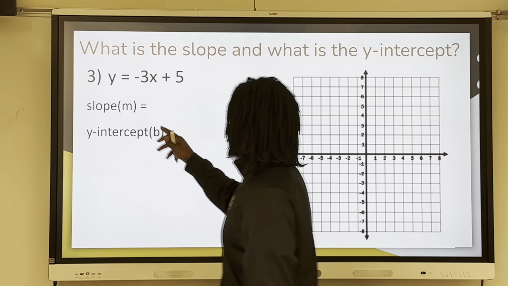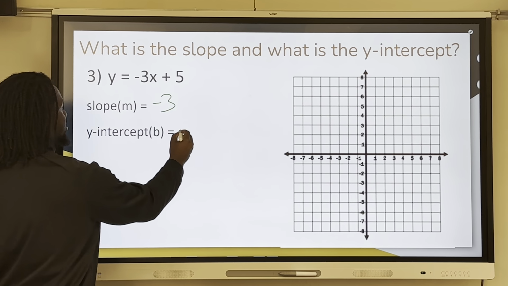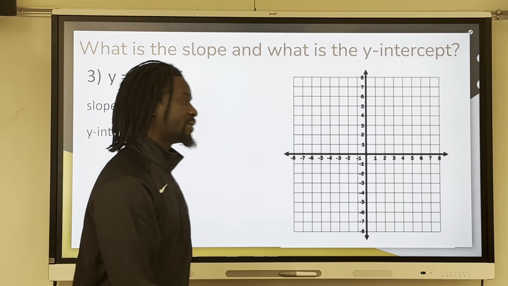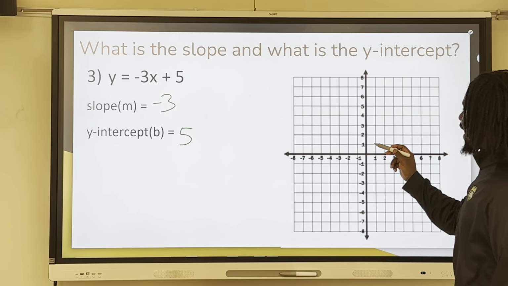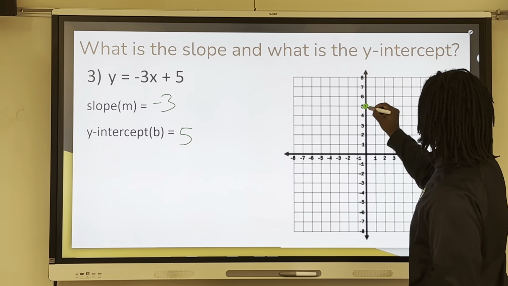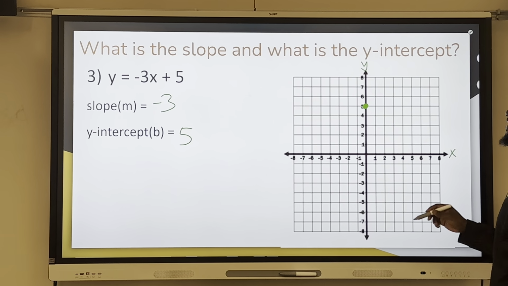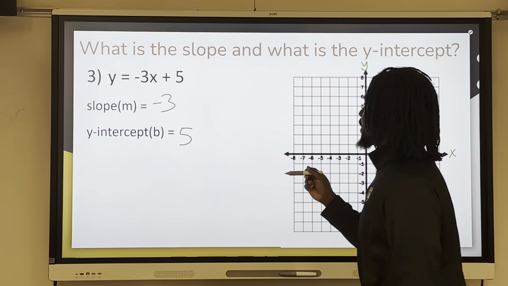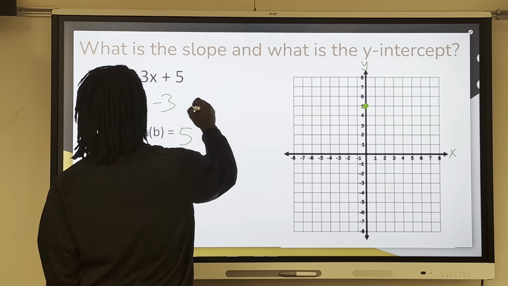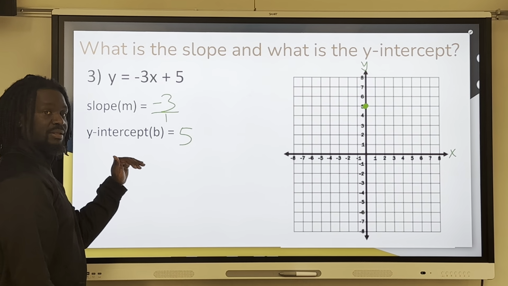All right, the slope for this one is -3, and the y-intercept is 5. So the y-intercept is 5, so this time I'm going all the way up to 5. That is where it crosses the y-axis. Now I'm going -3. So again, when it's just a whole number, just imagine there's a 1 underneath it, okay?